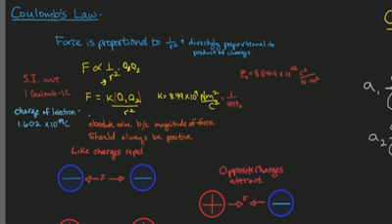Okay, so here's the actual law, where K is this constant here, 8.99 times 10 to the 9th newtons meter squared over Coulomb squared, which equals 1 over 4 pi epsilon naught, where epsilon naught is the permittivity constant of free space or vacuum.